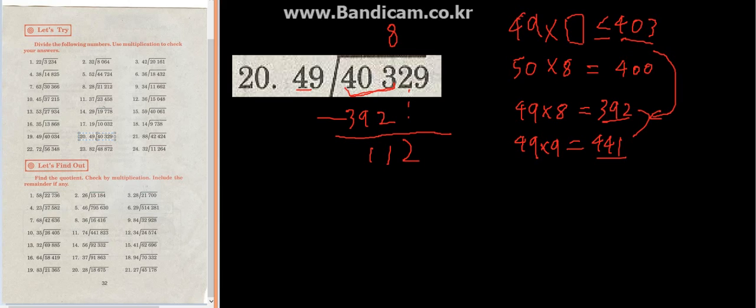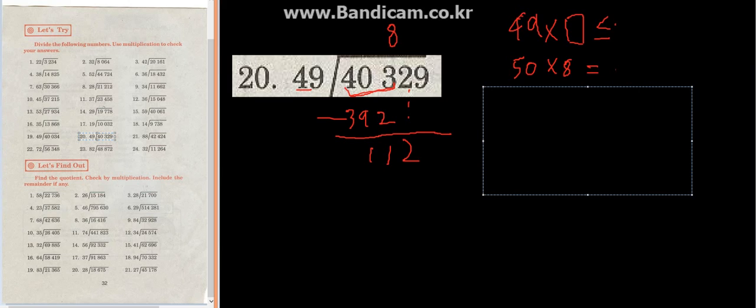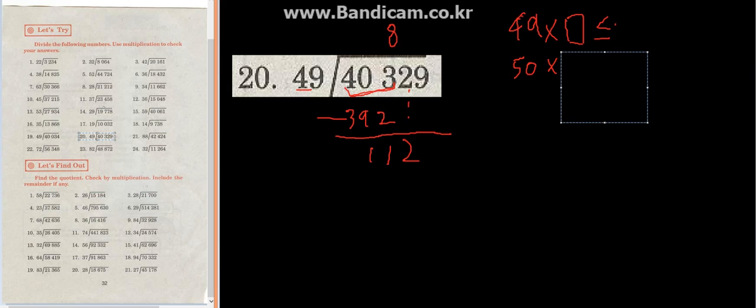And this time we'll erase the number beside. This time we'll put the number 112. And 112 is about 100-ish. So if we multiply by 2, that would be equal to 100. So let's put 2 in the box.